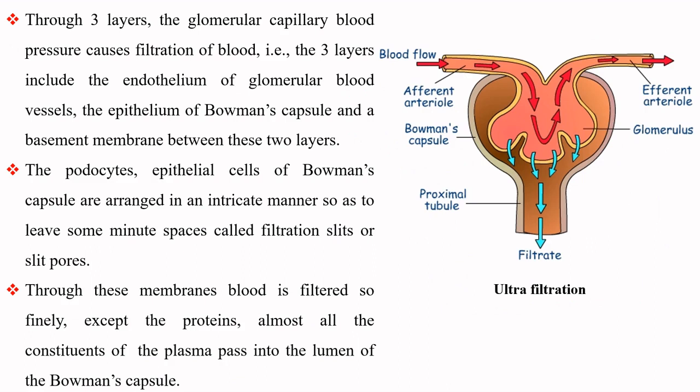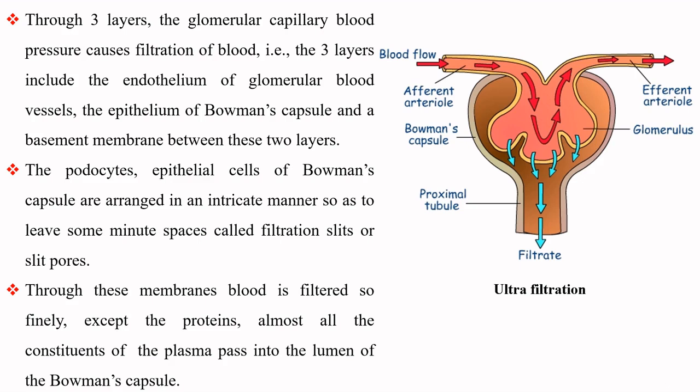Through three layers, the glomerular capillary blood pressure causes filtration of blood. That is, the three layers include the endothelium of glomerular blood vessels, the epithelium of Bowman's capsule, and the basement membrane between these two layers. The podocytes, epithelial cells of Bowman's capsule, are arranged in an intricate manner so as to leave some minute spaces called filtration slits or slit pores.